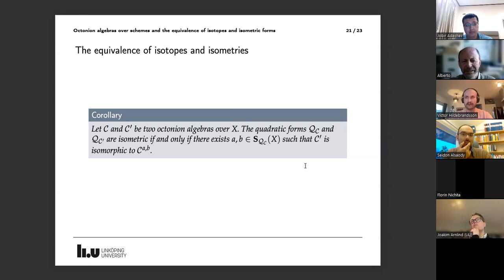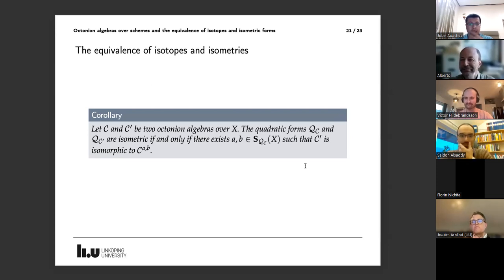I never really showed it or considered the spin group directly myself, but Seidon and Philippe show in their paper that their affine version of this RT scheme is exactly the classical spin group. Even over fields, it's quite convenient to think of the spin group attached to an Octonion as related triples of orthogonal transformations. So even in the classical case, this is quite interesting. Okay, thank you very much.